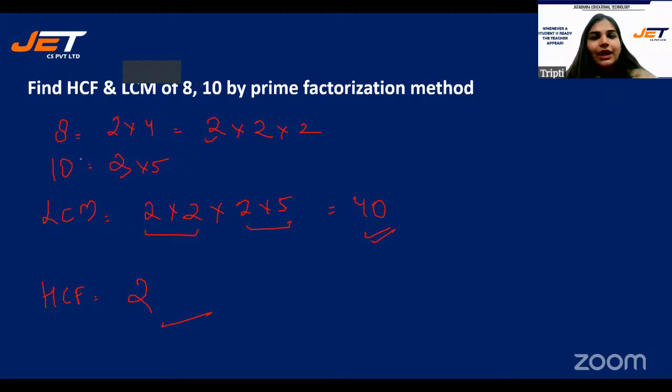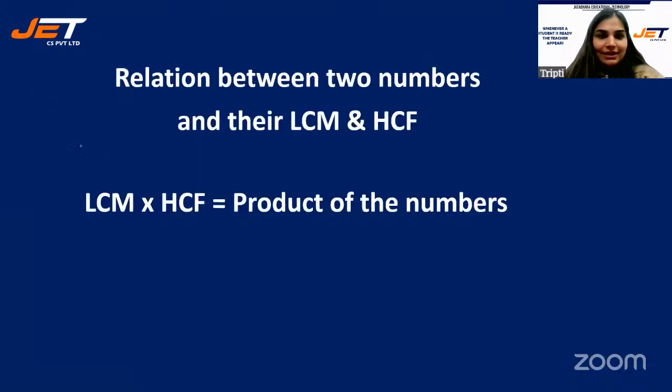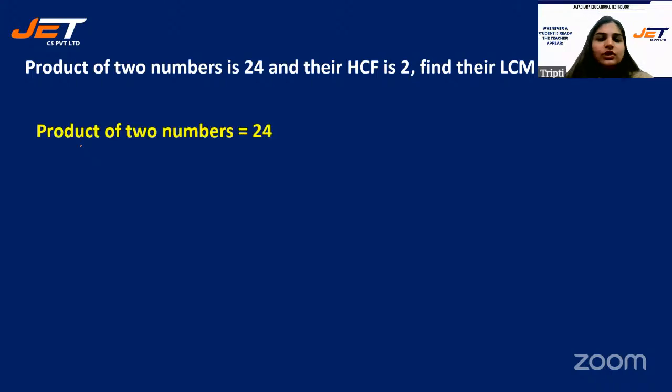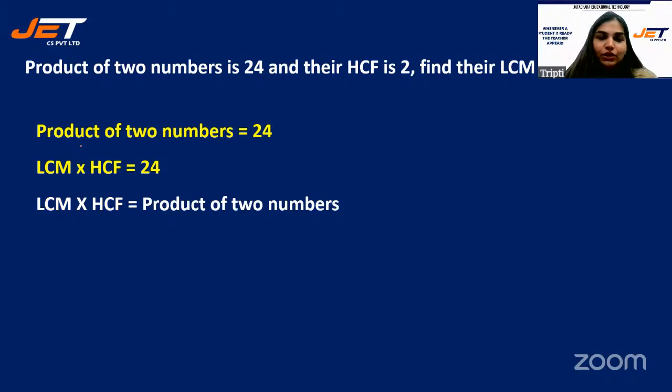Next, you know that there is a relationship between two numbers and their LCM and HCF. The product of LCM and HCF is equal to the product of the numbers. Now in the question, it is written that the product of two numbers is 24 and their HCF is 2. Find their LCM. LCM times HCF is the product of two numbers, so LCM times 2, because HCF we know, but LCM we don't know.